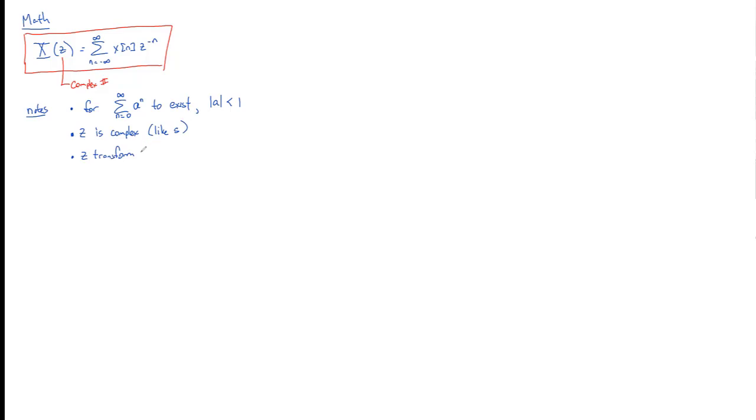The z transform exists for more sequences than the DTFT does. So as an example of why that's true, let's take 2 to the n u of n. The DTFT does not exist.